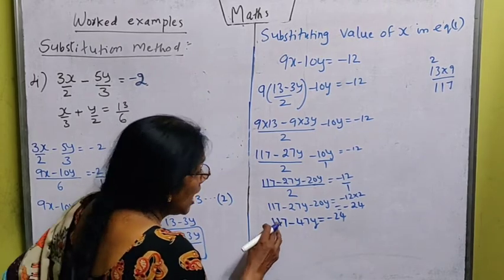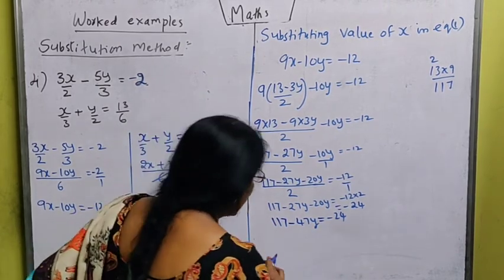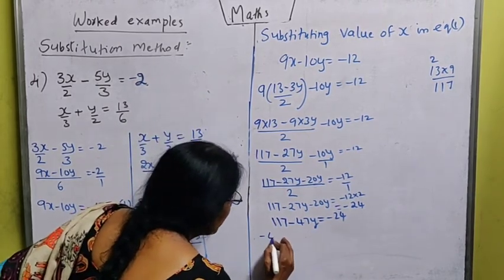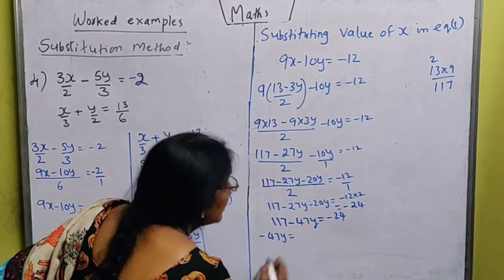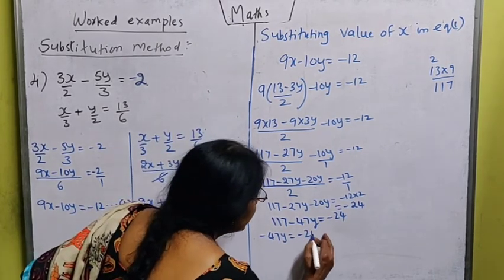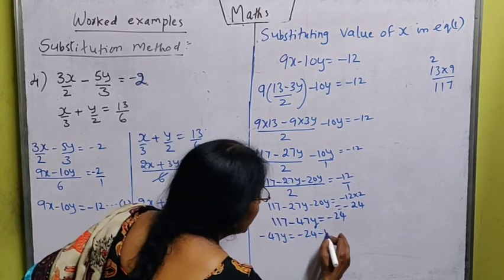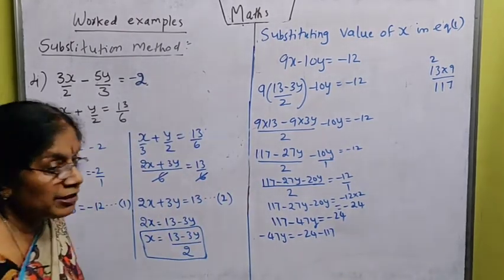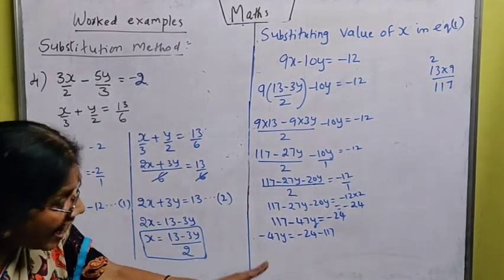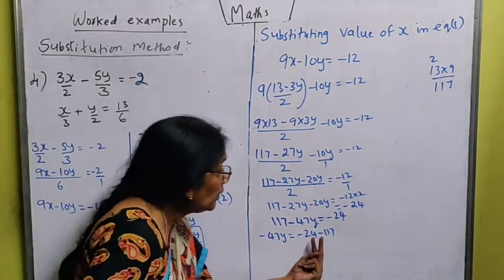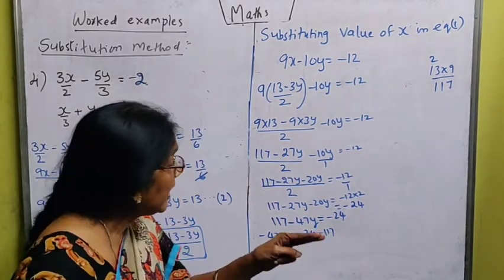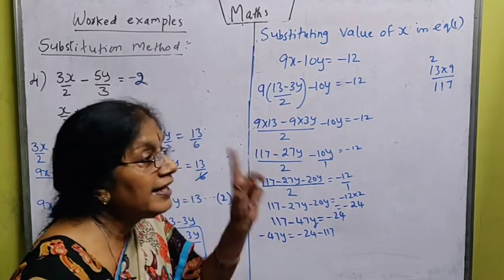Now what shall I do? I will take 117 to the other side. So what shall I get? Minus 47y is equal to minus 24 and minus 117. What I have to do is add these two now. Two negative numbers should be added and the negative sign kept.